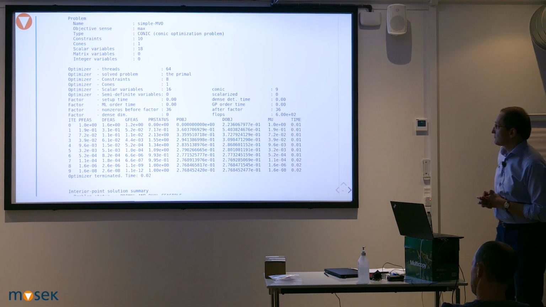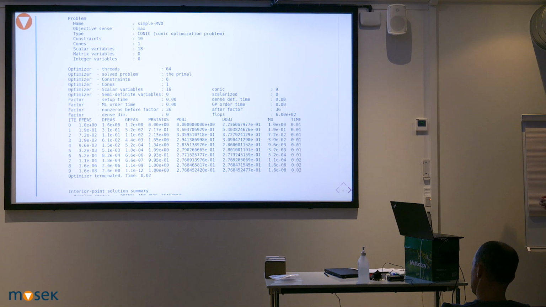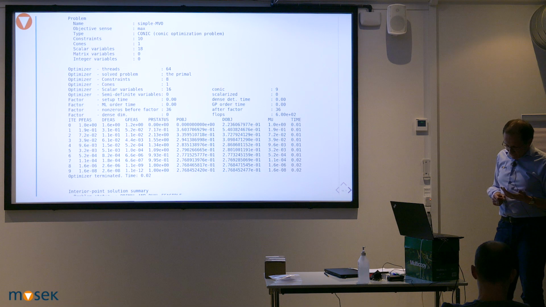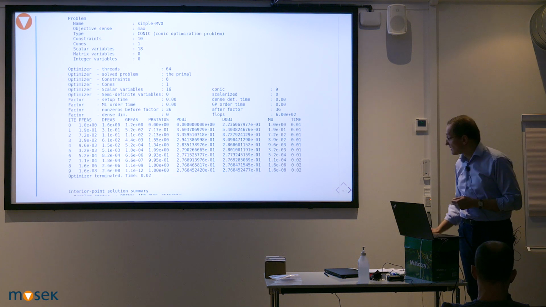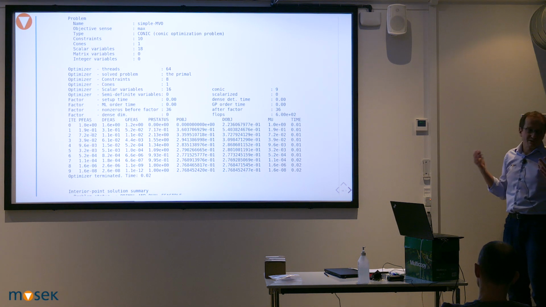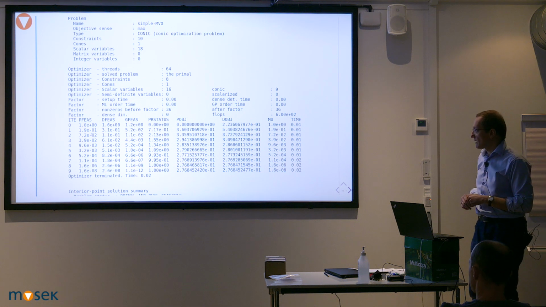Now maybe I'll take 1 minute to explain roughly what's going on here. The interior point optimizer, you can think of it as converging to the optimal solution in a number of steps. These residuals here in the first 3 columns are a measure of how close you are to the optimal point now.